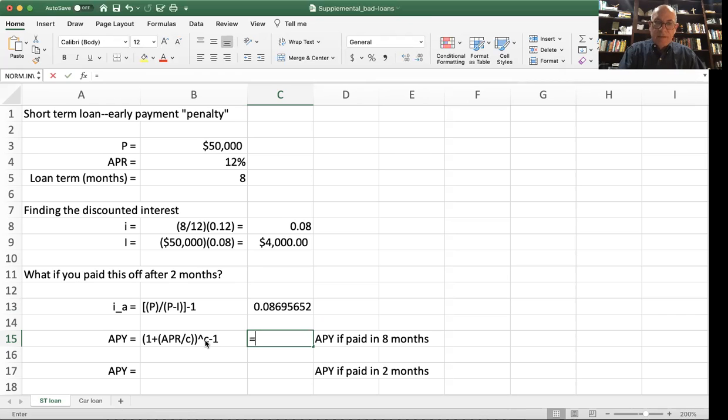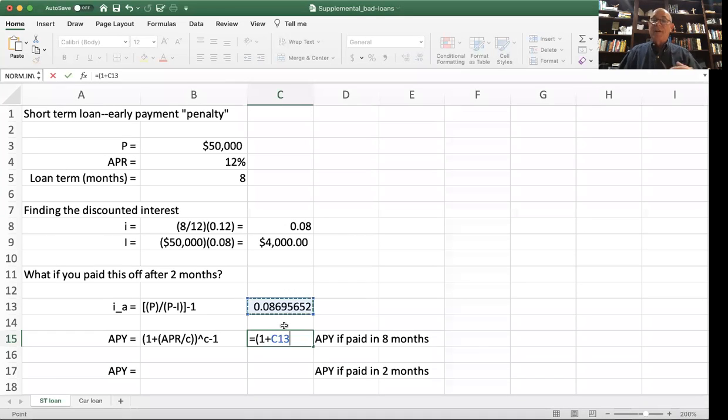So here we go. It's going to be 1 plus the APR divided by C. We substitute in this 8-month effective rate that we just calculated. And then the exponent for this calculation will be 12.